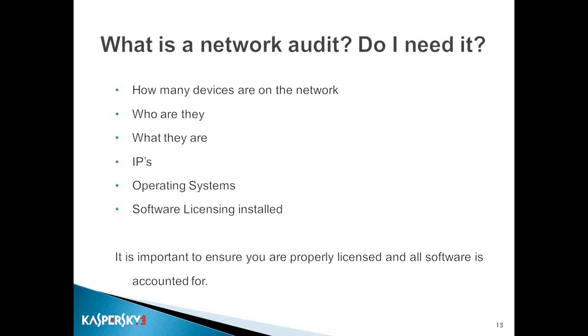It could be because they purchased a PC that was already established. It could be because they merged organisations together. There are many examples where organisations are unaware of, A, the types of applications in their environment, and B, how many they're actually licensed for.